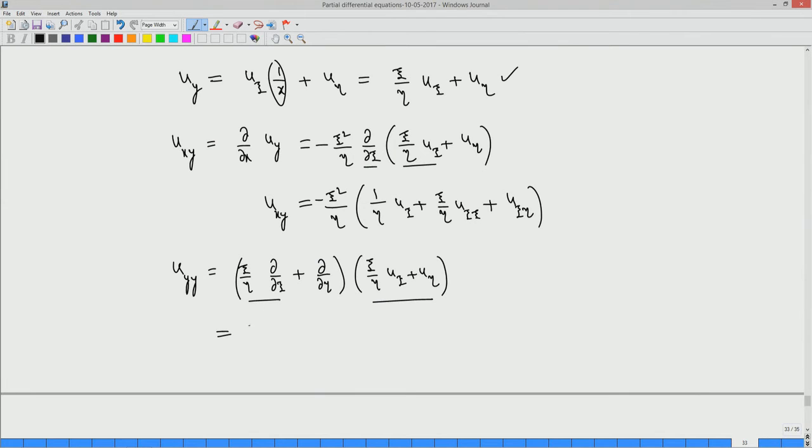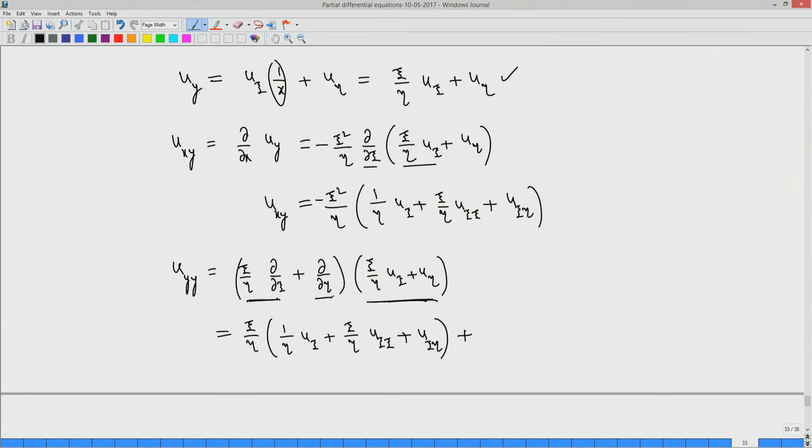If you operate the first part, xi by eta, and differentiate this function with respect to xi, you get 1 by eta u xi plus xi by eta u xi xi plus u xi eta. This is what you get if you operate this onto this function.